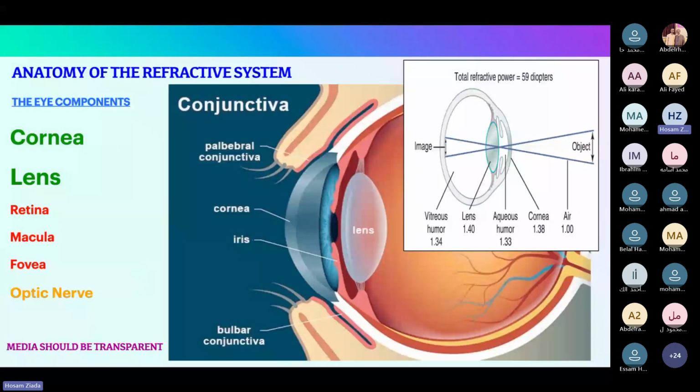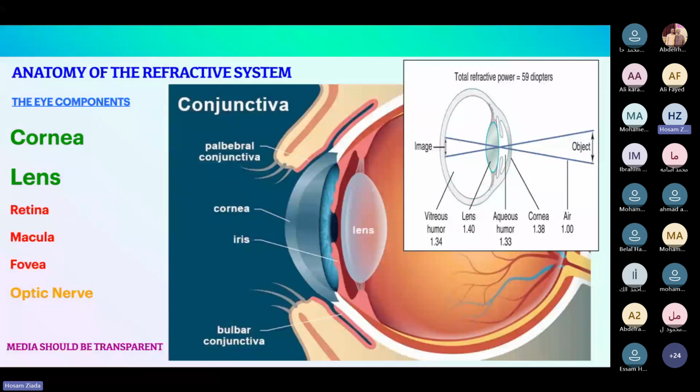The total refractive power of the eye is 59 diopters, divided in this way. The cornea is around 43 to 45 diopters, and the remaining is for the lens.